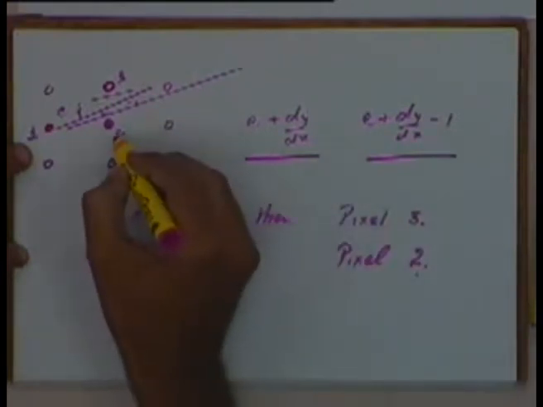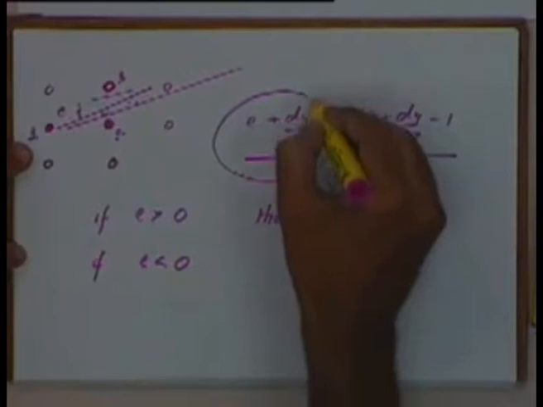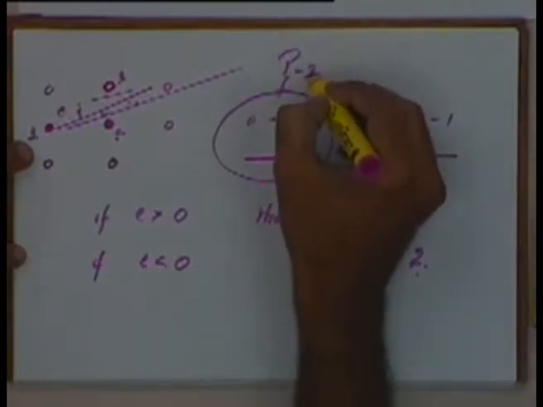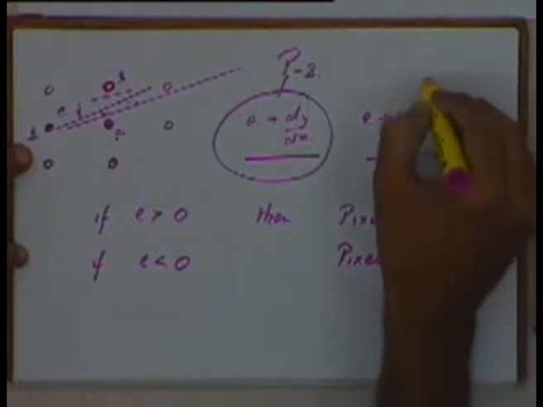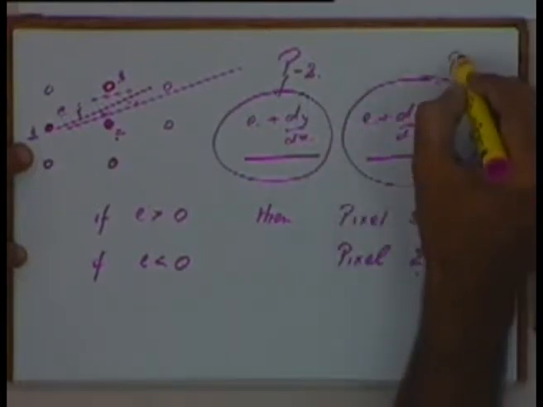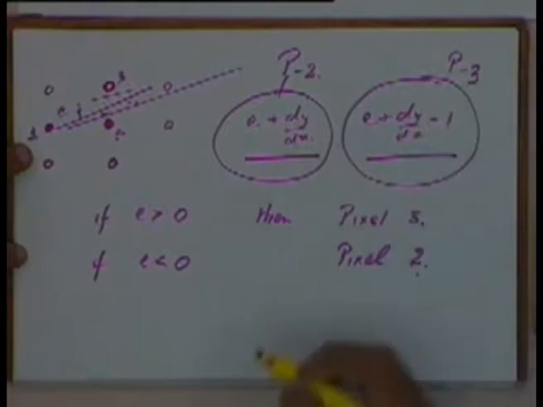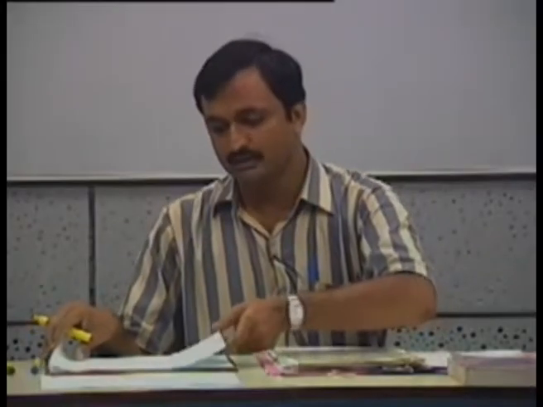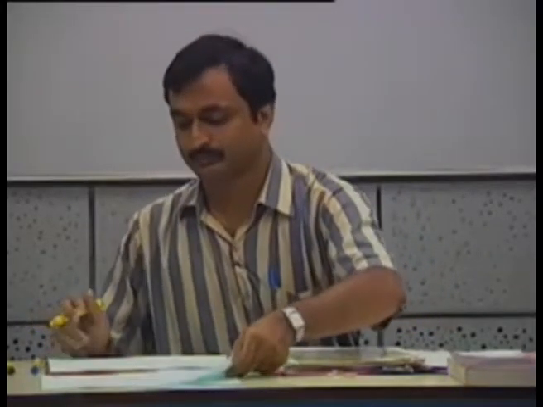If pixel number 2 is being displayed, my error will be computed according to this formula. This is for pixel number 2. If pixel number 3 is being displayed, I will use this formula. Okay. So according to this method, we will write down the Bresenham's algorithm.